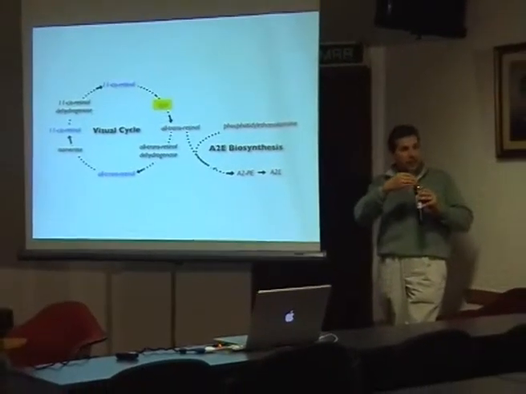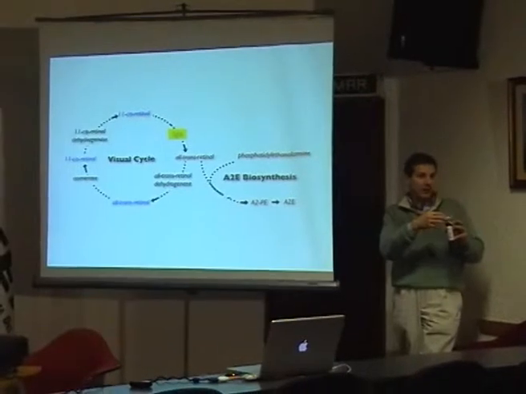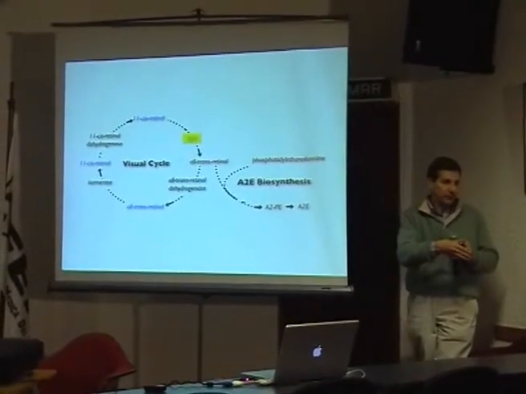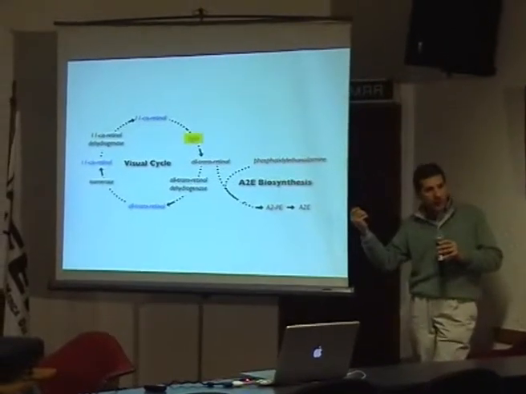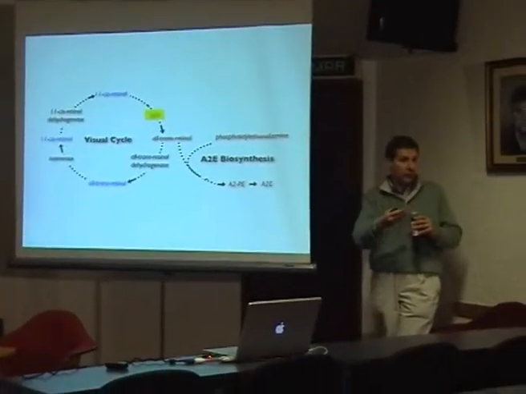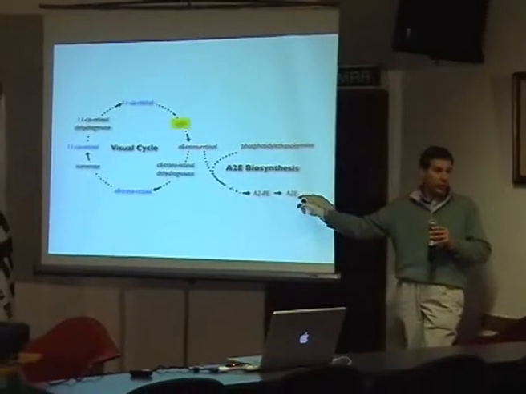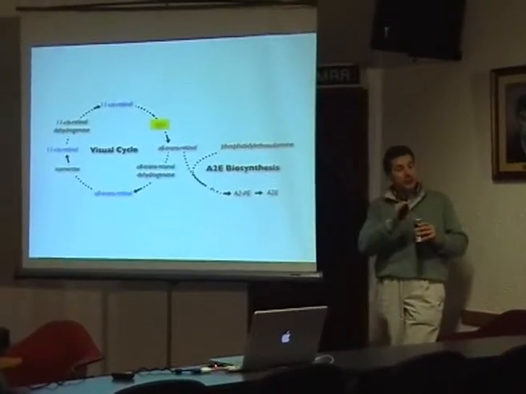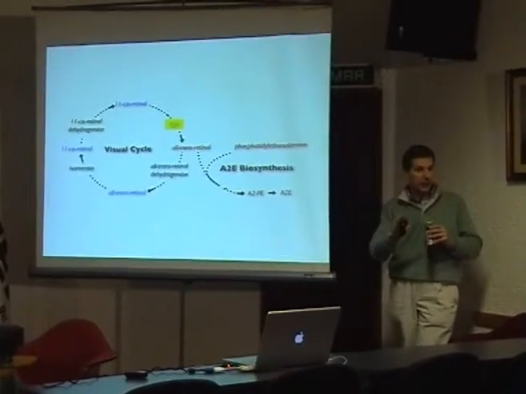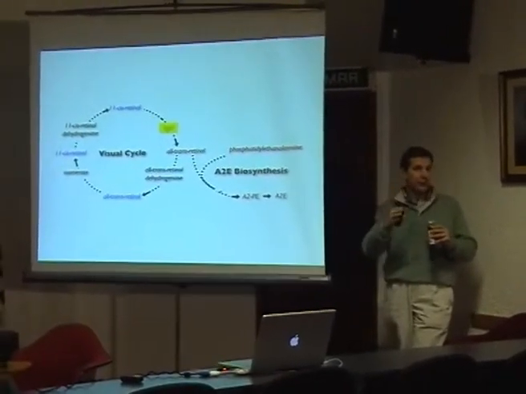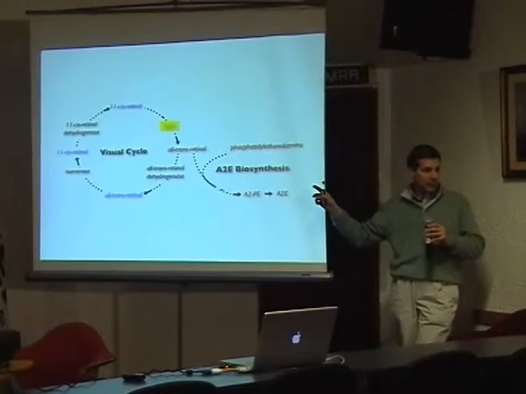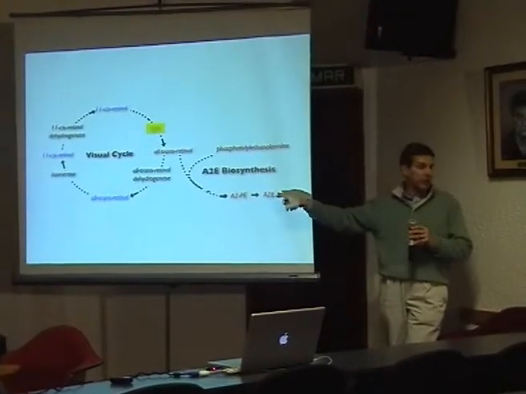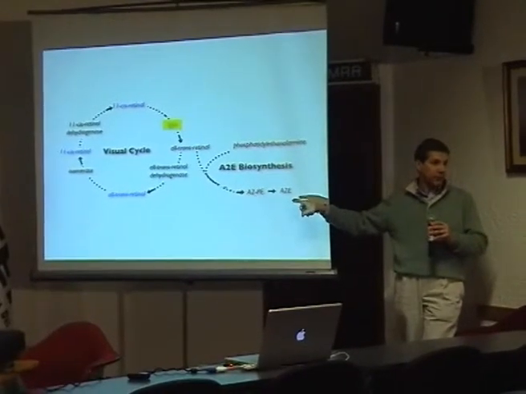So by itself, lipofuscin inside the cells is creating damage to the cells. And one of the theories of age-related macular degeneration is related to increasing lipofuscin, in particular for atrophic or geographic atrophy in age-related macular degeneration, which is related to the accumulation of lipofuscin.